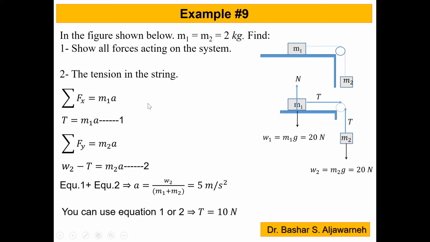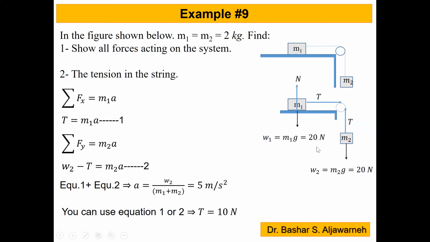So to calculate the tension, since you split this system into two systems, you have to have two equations. I'll start with the first mass and the forces along the x-axis. Only one force, the tension. So T equals m1 times a.